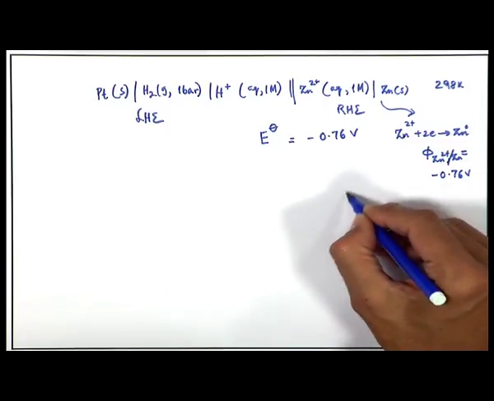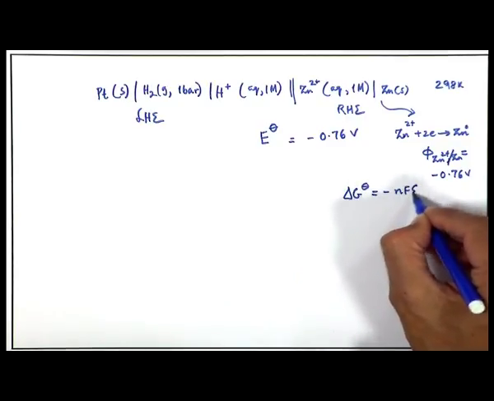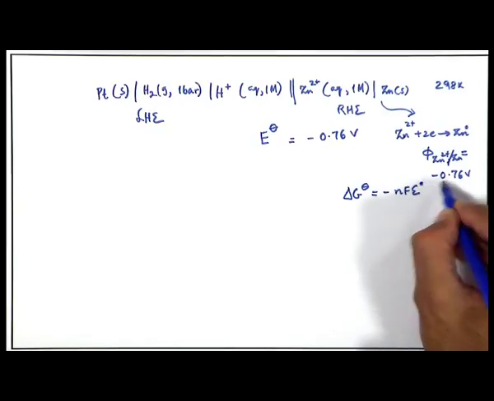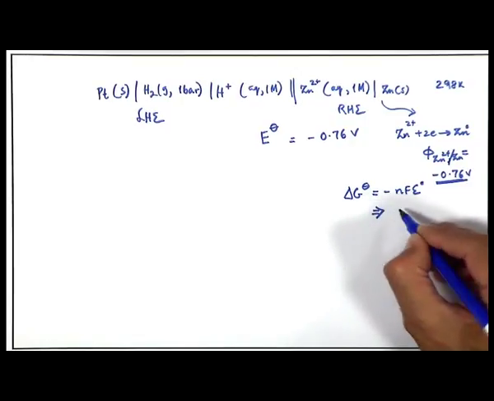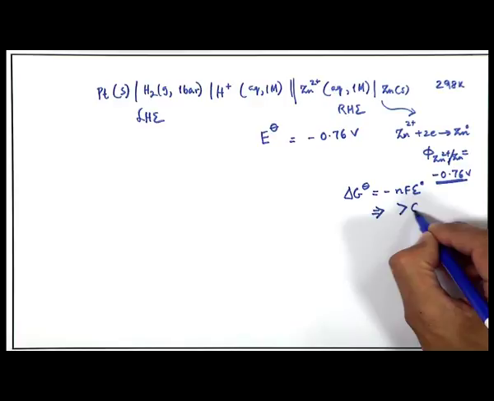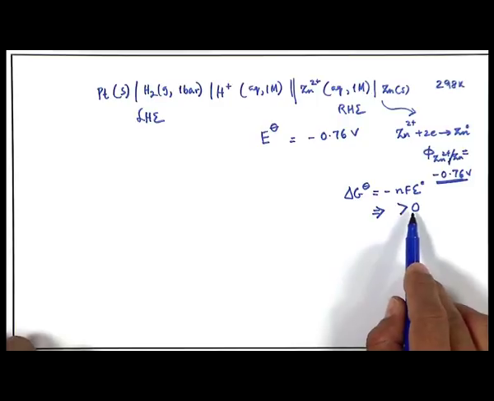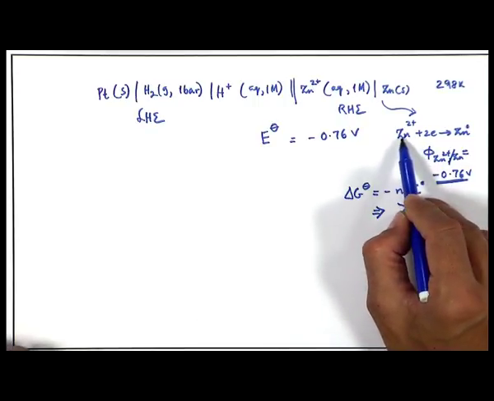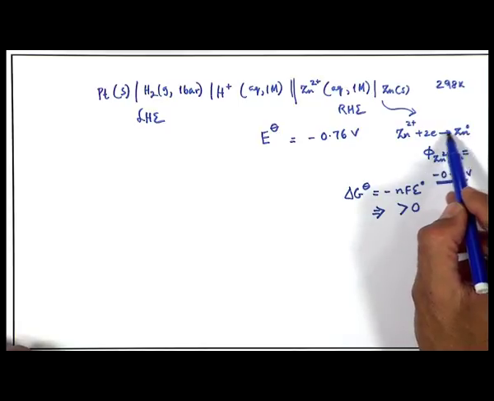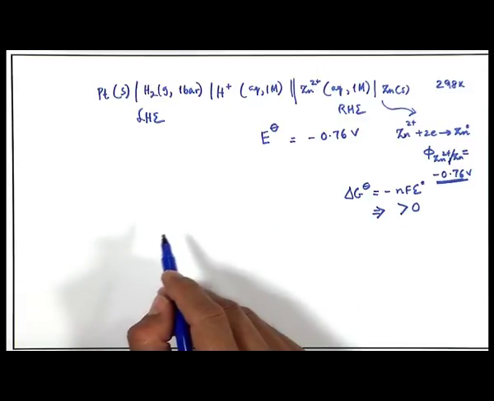The message is that delta G is equal to minus nFE0. Since this E0 is negative, delta G will be greater than 0. That means it is not a spontaneous process as it is represented, but the reverse process is spontaneous. So, what will happen?